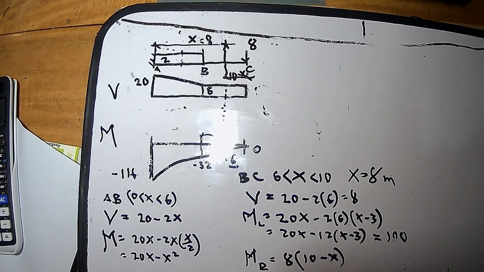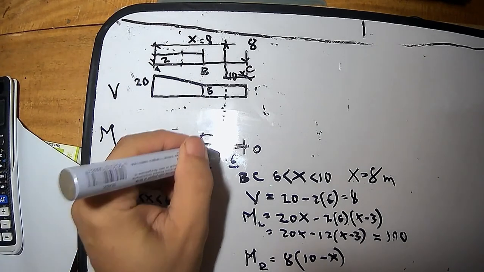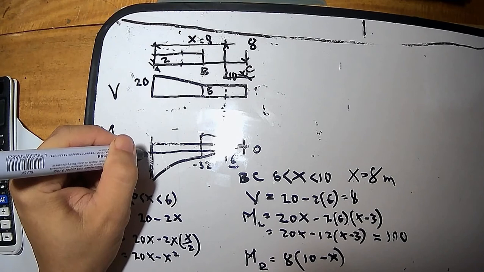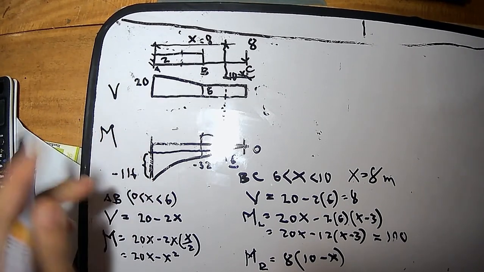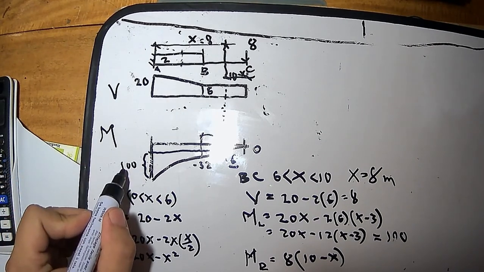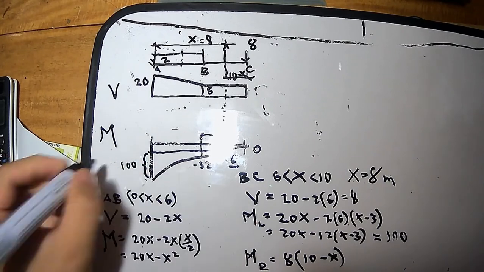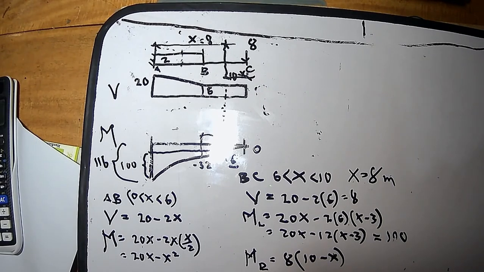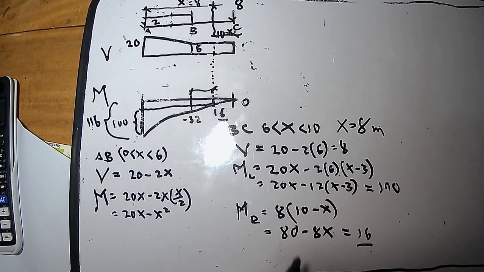So, tama siya. Next, yung moment left, which is 100. Ano yan? Ito yun. Okay? It is this distance. Yan yung 100 na sinasabi niya. Okay, if you will add these two, 100 plus 16 would give you the whole moment na 116. Okay, so that's the significance of having moment left and moment right. If you will add them, it will give you the resultant or the reaction moment.